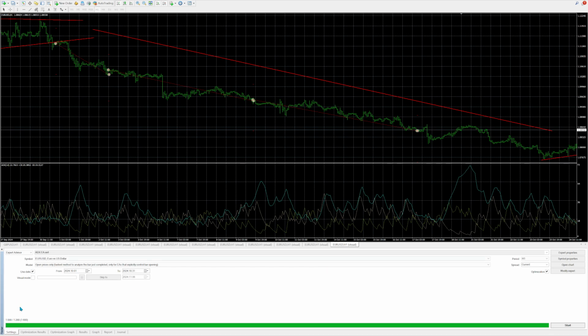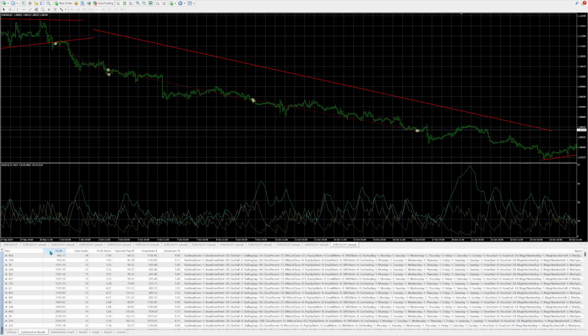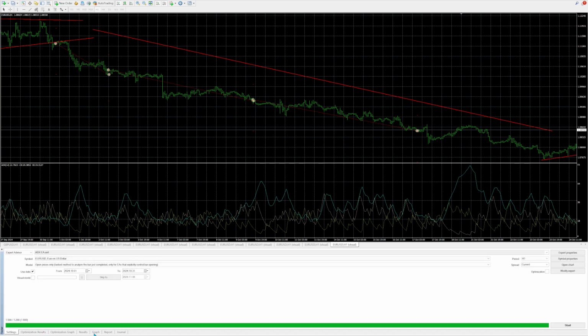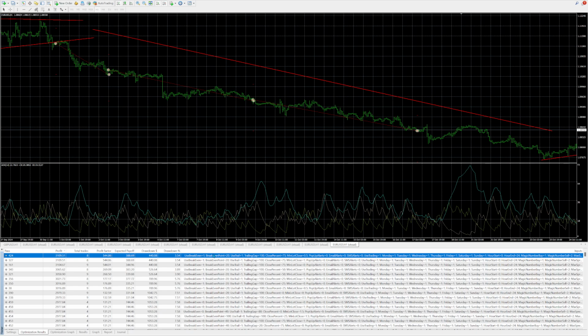And now we'll just check what the results are. So we want it to be 3,000. It was around 2,900, wasn't it? We do have this top option here. If you double click it, this will show us all the different combinations in the results. So you've got your profit, how many trades, the profit factor, drawdown, expected payoff, etc. And then the settings there.